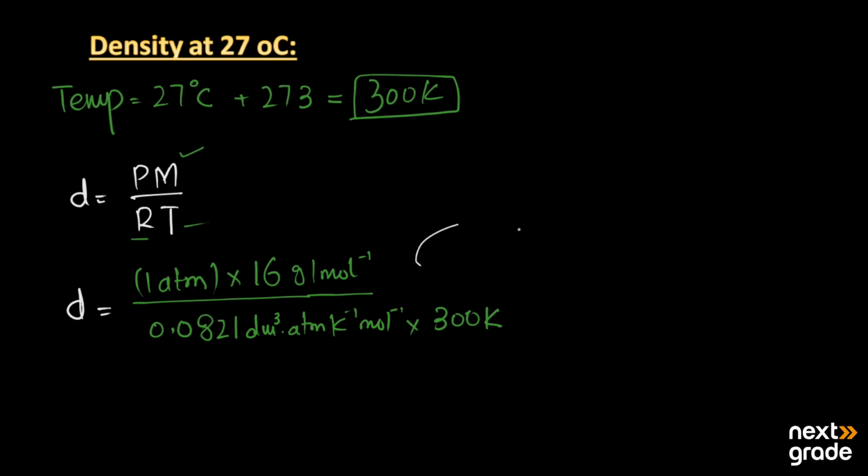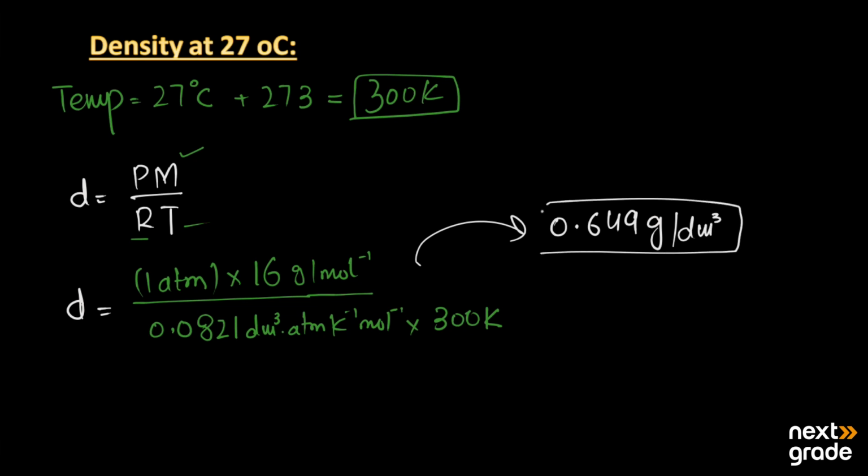Now what will be the answer for this calculation? The density will be 0.649 gram per dm cube. This is the density of this gas at 27 degrees Celsius. But if we compare it with the temperature of 0 degrees Celsius, what will be the effect on the density of the gas?